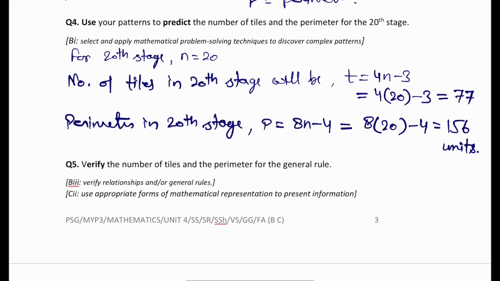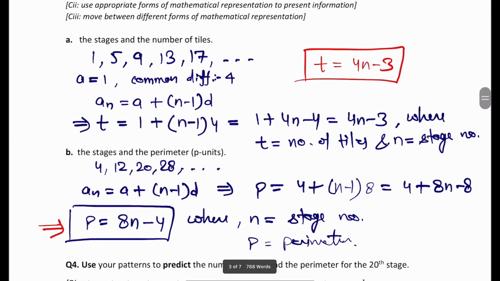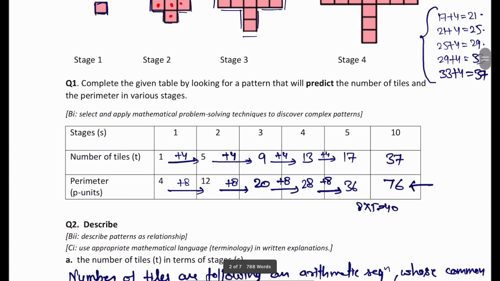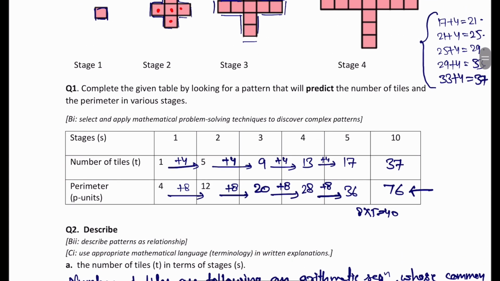Now the next question is, we have to verify our number of tiles and perimeter for the general rule. So for the verification, what we have to do is just come back to the table. We predicted the values for stage 3 onwards.